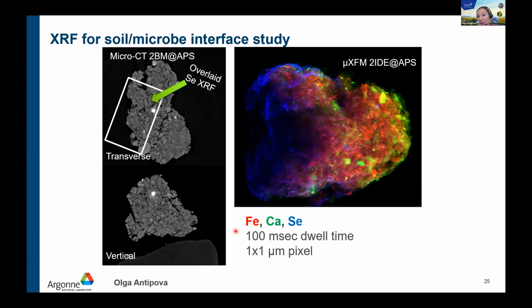On the left, you see the image from micro-CT. On the right is a two-dimensional image from the X-ray fluorescence beamline, where blue is selenium, green is calcium, and iron is red, and you don't quite see them on the left side due to a self-absorption artifact.